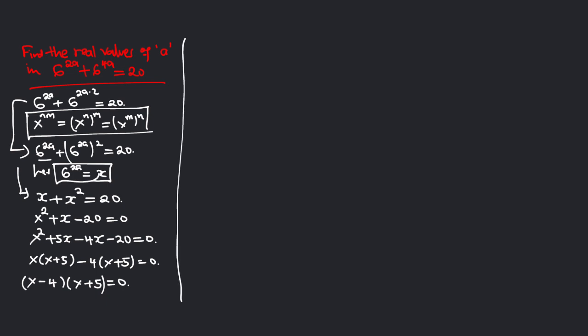And if that is true, then either x plus 5 is equal to 0 or x minus 4 is equal to 0. Let's start with the first part, where x plus 5 is equal to 0.